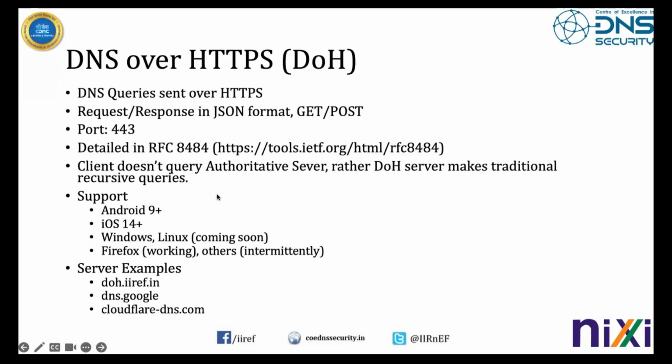In DoT, we directly contact the authoritative name server; the response will be encrypted, but I get it directly from the authoritative name server. But in the case of DoH, the client is talking to a web server, and the web server is acting as an intermediary, and that in turn will talk to the DNS resolver and give us the response.